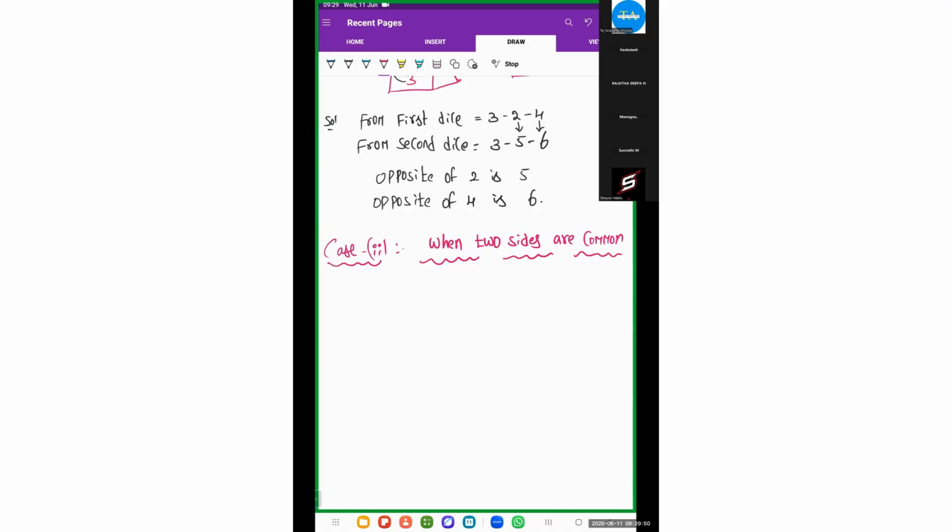For example, one example: 4, 5. Tell me, what are the common ones here? 4 and 5 are common. Then the next, the second position also.